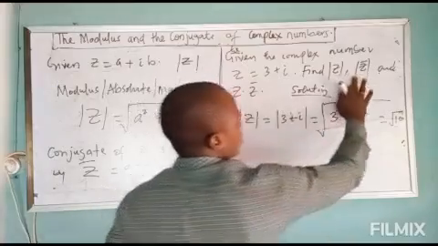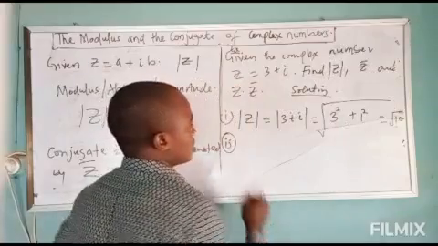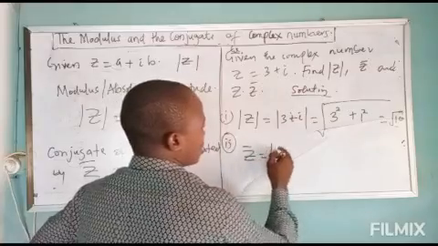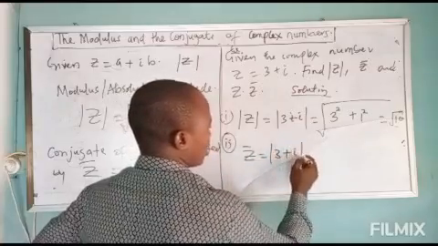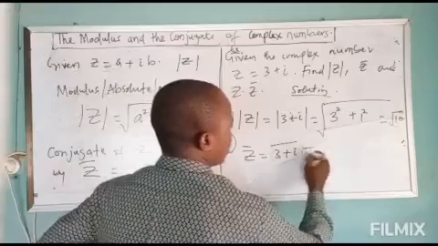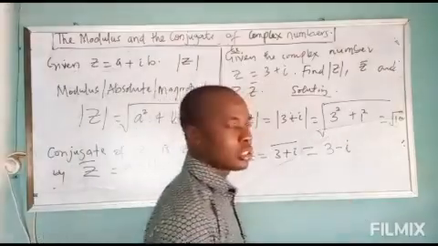Now we have the second one, that is z conjugate. So the z conjugate of 3 plus i will automatically be 3 minus i. Are you getting this?